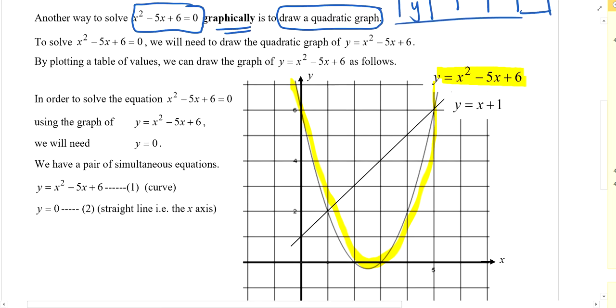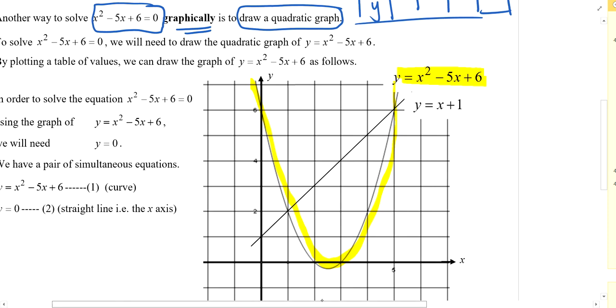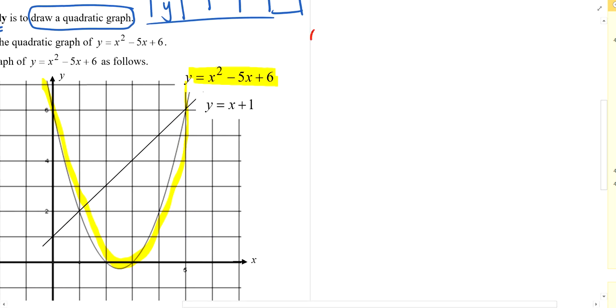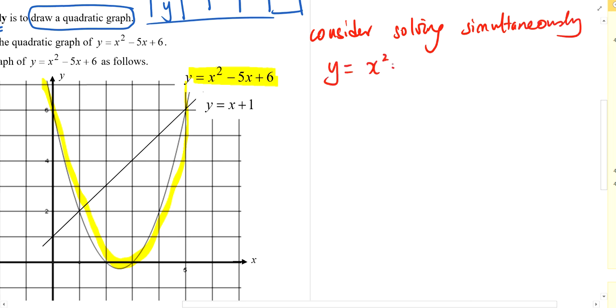So this is our parabola with the equation y equals x squared minus 5x plus 6. But this parabola doesn't help us solve the original equation, which is x squared minus 5x plus 6 equals 0. And that is where the same concept of simultaneous equations comes in. Consider solving simultaneously the equations y equals x squared minus 5x plus 6 and y equals 0.